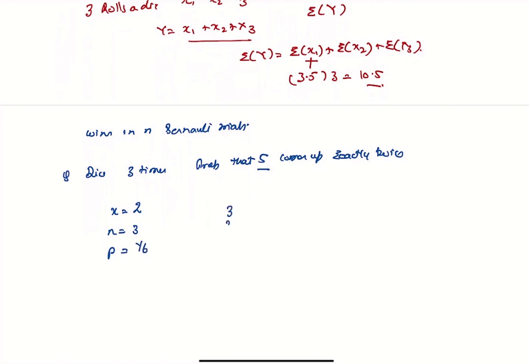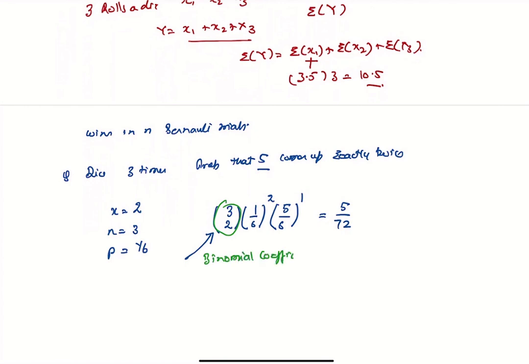So 3 choose 2, which is also called the binomial coefficient, times 1 by 6 squared, and 5 by 6, which is 1 minus 1 by 6, to the power 1. That gives you 5 by 72. So this term here is called the binomial coefficient.